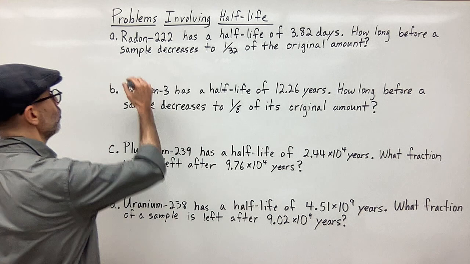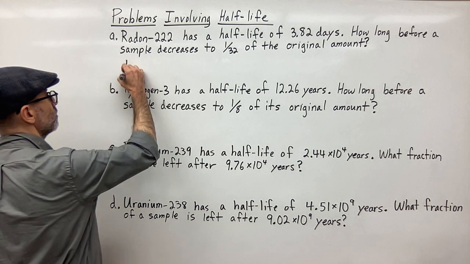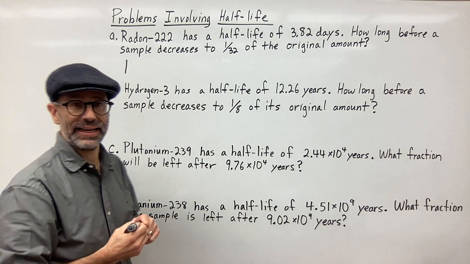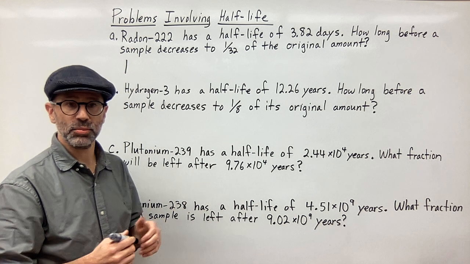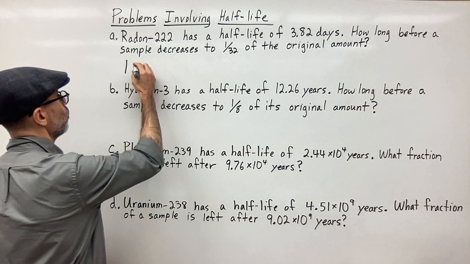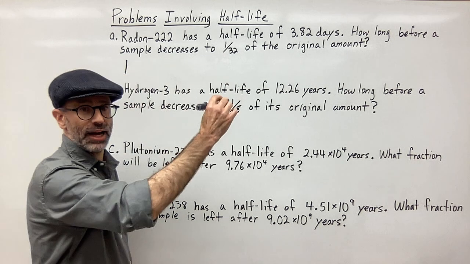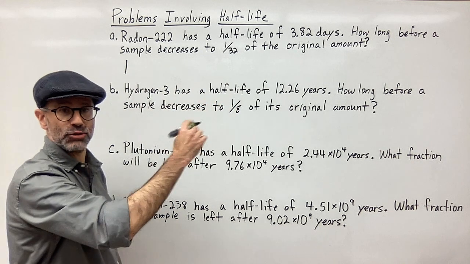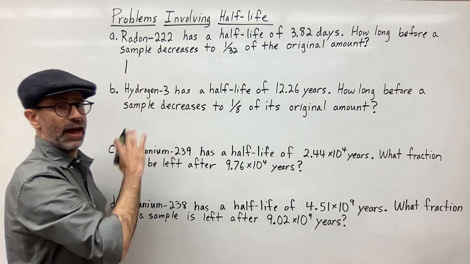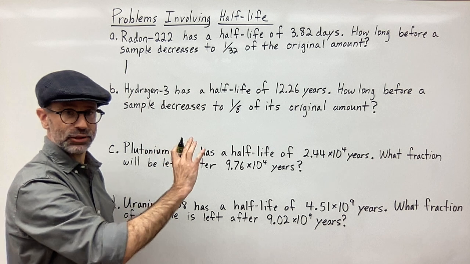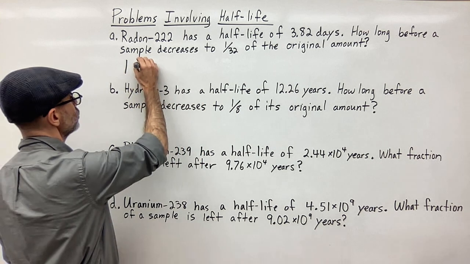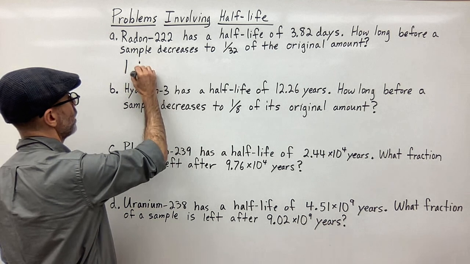If we start with 1 and then divide that by 2 each time, so after one half-life I divide 1 by 2, every half-life I'm going to divide by 2.